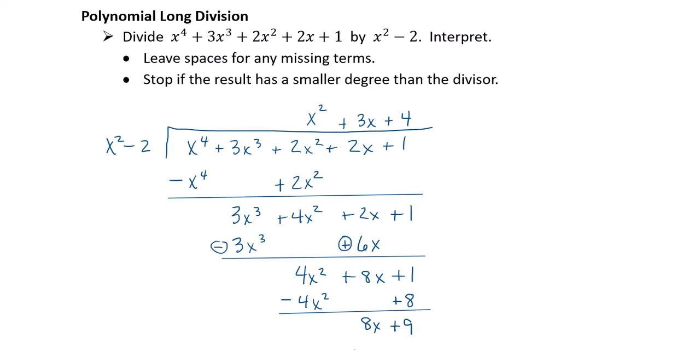Now we can see what we would have to divide is smaller in degree than the degree of the divisor, so we need to stop. And our answer is going to be x squared plus 3x plus 4 plus 8x plus 9 over x squared minus 2.